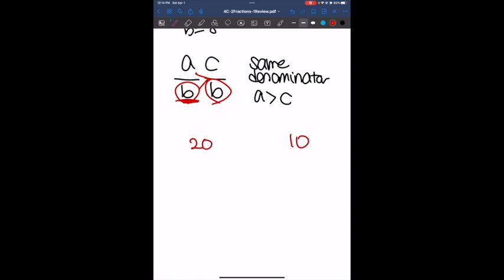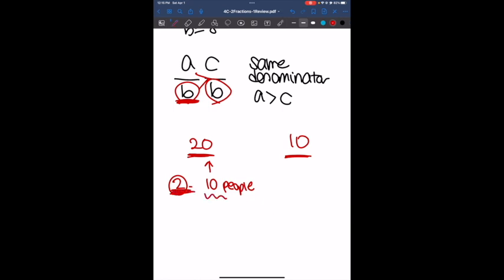Let's say we have 20 candies and 10 candies, and we're dividing by 2, giving 2 candies per person.